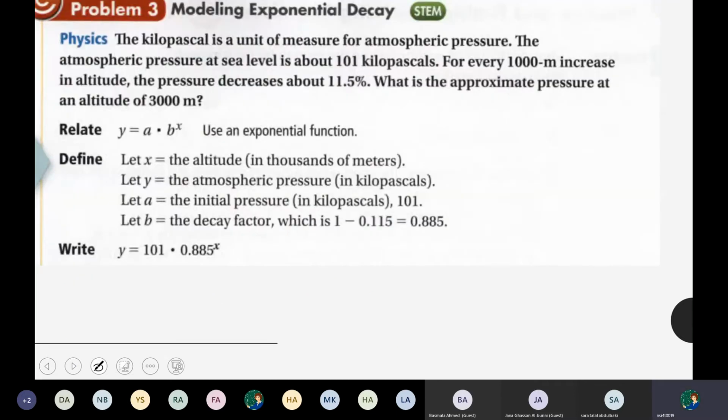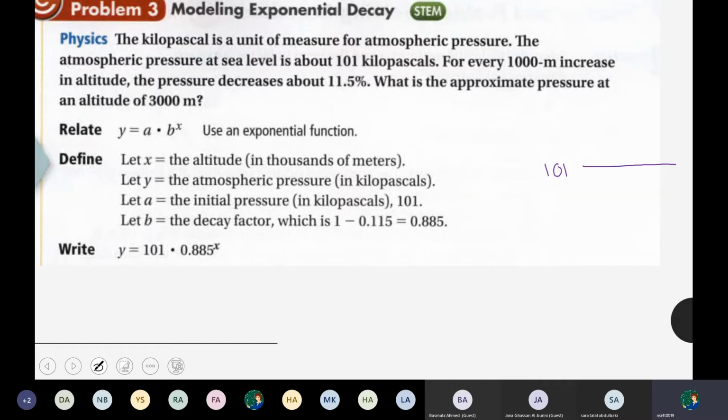Now, let's do problem number 3. Modeling exponential decay. The kilopascal is a unit of measure for atmospheric pressure. The atmospheric pressure at sea level is about 101 kilopascals. So, at sea level, it is 101.